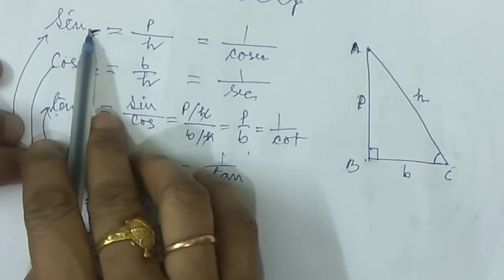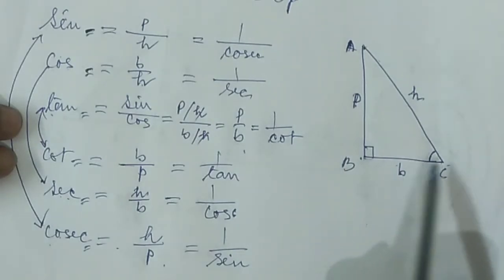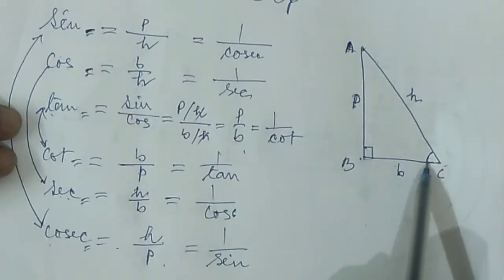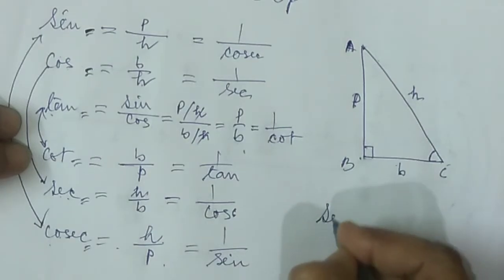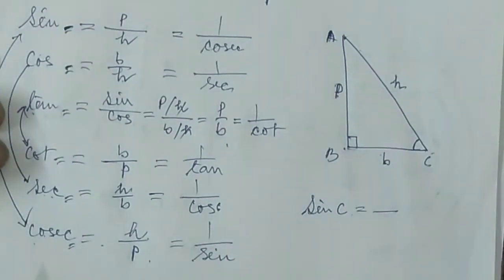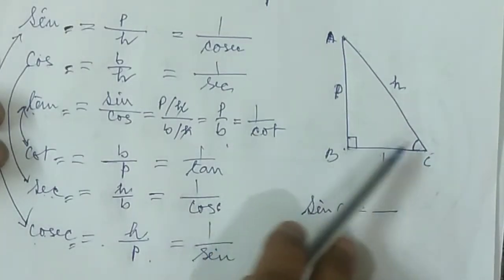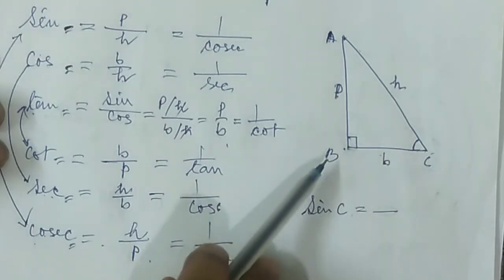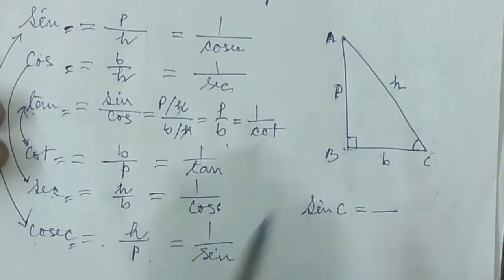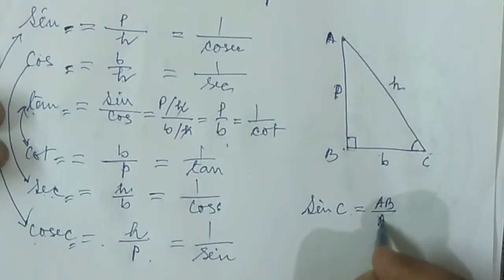Generally we use theta, but suppose in this triangle I need to find the angle C, then I'll write sine C. Which side will be taken as the perpendicular? Always the side opposite to that particular angle. The opposite side is AB, so AB will be the perpendicular and the hypotenuse will remain as it is.